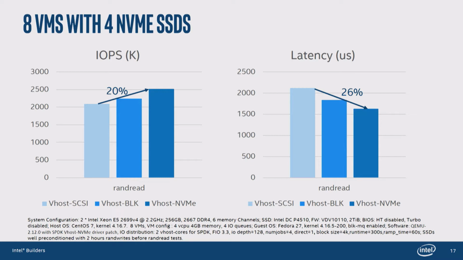You can see that for the IOPS part, higher is better. Vhost-NVMe increases by 20% compared with the vhost SCSI solution. And for the latency part, vhost-NVMe can decrease the latency by about 26%.